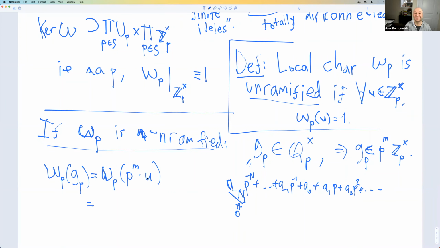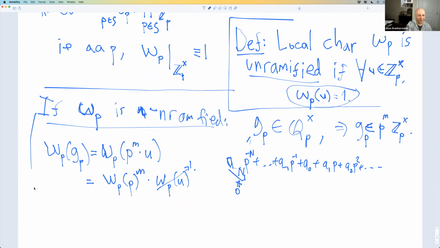Restricted to that, it's one, and this is multiplicative. So this is omega_p of p^m, which I can pull out, m an integer, times omega_p of u, which is one. So it's completely determined. So for unramified characters, omega_p is completely determined by the value of omega_p of p.